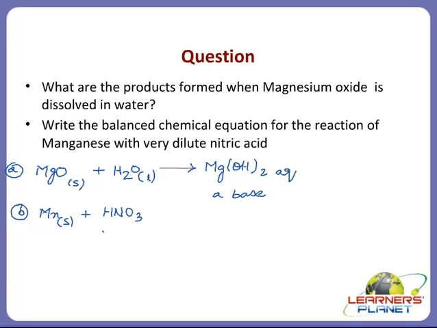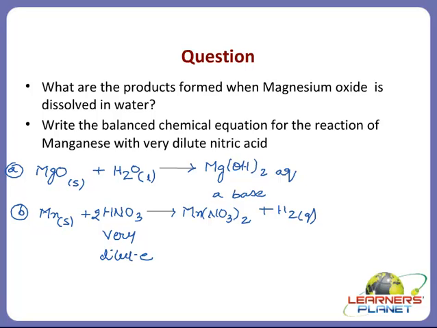HNO3. And this is very dilute. So it forms manganese nitrate, that is Mn(NO3)2, plus hydrogen gas is evolved.